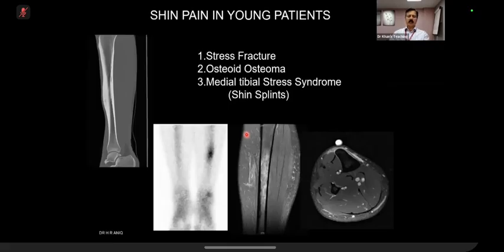In your clinical practice, yes, we used to use the word shin splints for this, but now we use the word medial tibial stress syndrome, where you can see that along the periosteum there is a bit of edema. So these are the top 3 differential diagnoses in this clinical context.